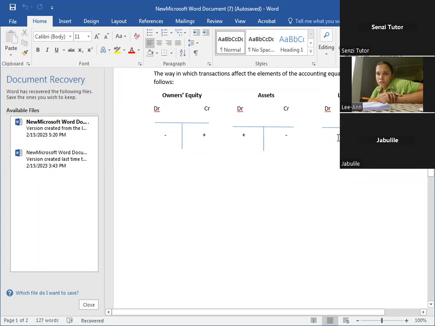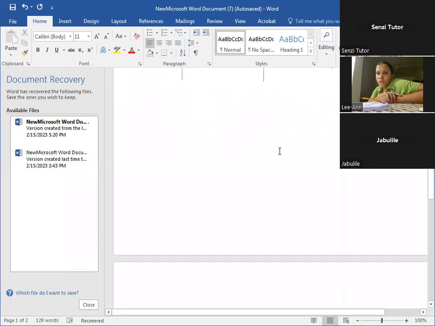Liabilities increase on the credit side, but decrease on the debit side. I think everything is clear about the increasing and the decreasing. Once you master these, because everything about financial accounting or the accounting equation, you need to know how they increase, how they decrease.